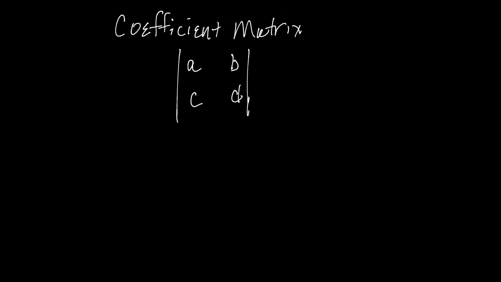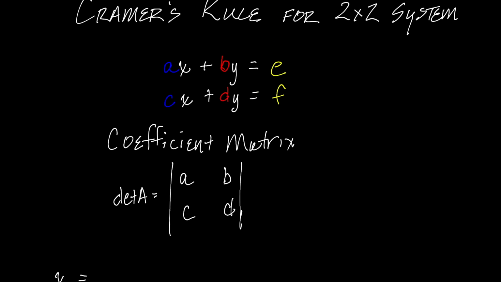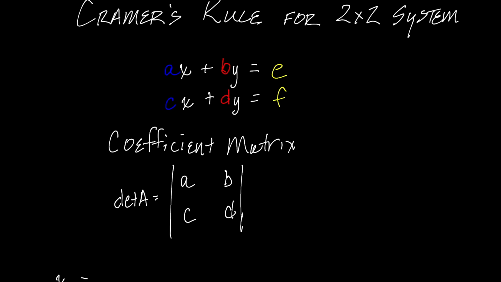Then, this is kind of cool, what we do is we figure out what our x is by dividing by the determinant of A. If this is the determinant of A, in the numerator we're going to take what were the constants, these constants, and put them in place of the x coefficients.